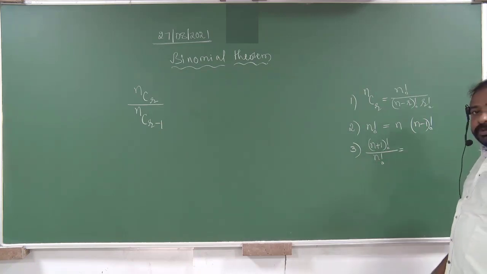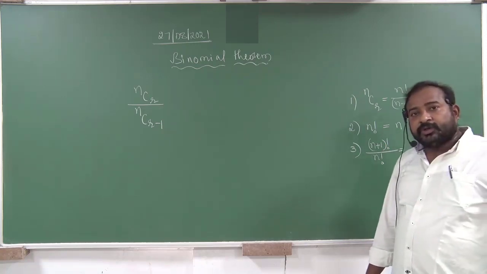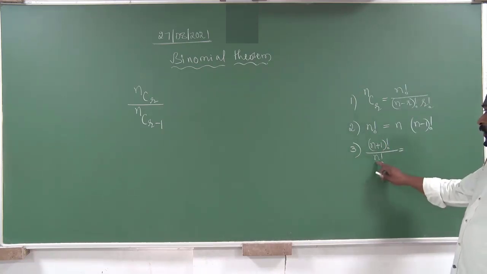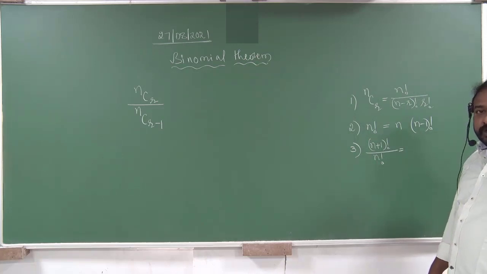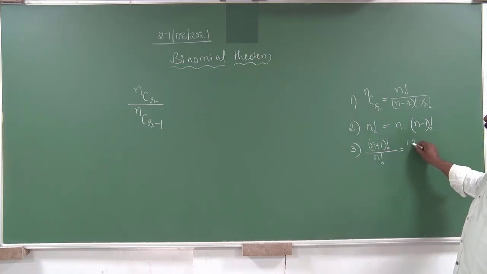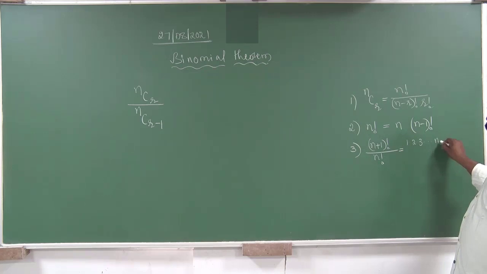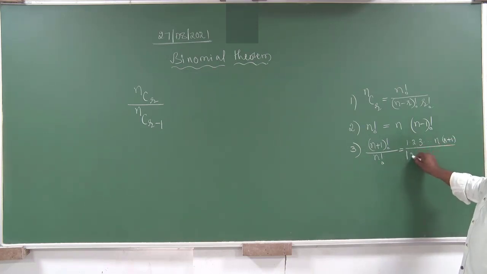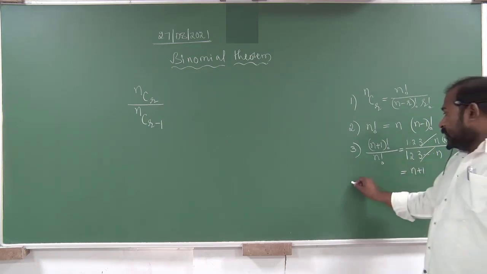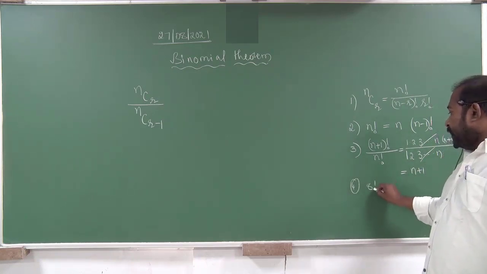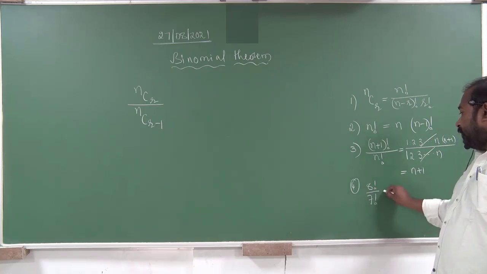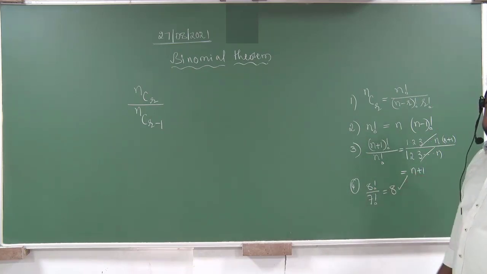What about this value? (n plus 1) factorial means 1 into 2 into 3 up to n into (n plus 1). Denominator is 1 into 2 up to n. These both get cancelled, and directly you will get n plus 1. Like for example, 8 factorial by 7 factorial. What about this value? 8 is the value.